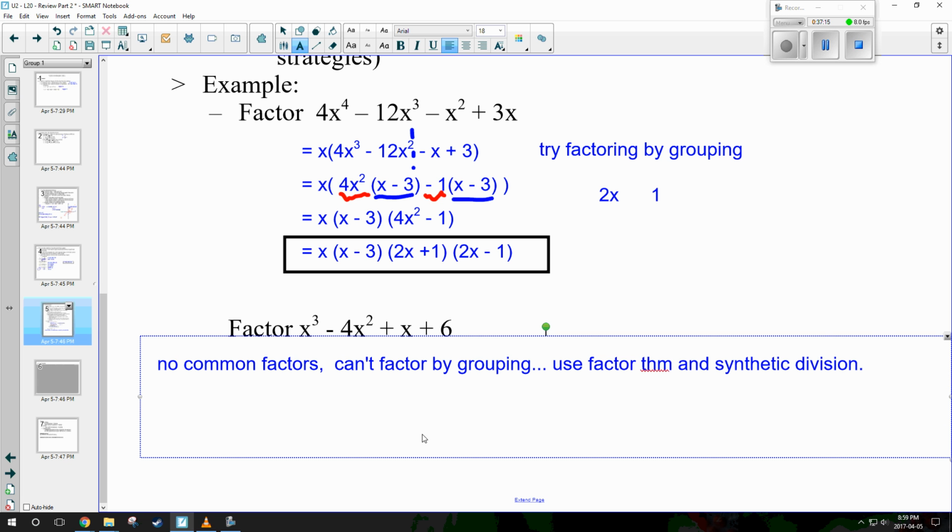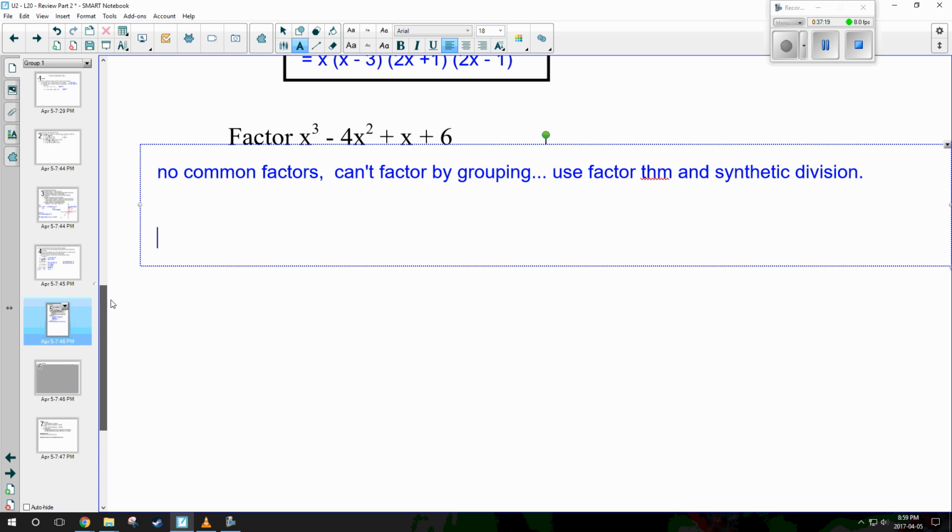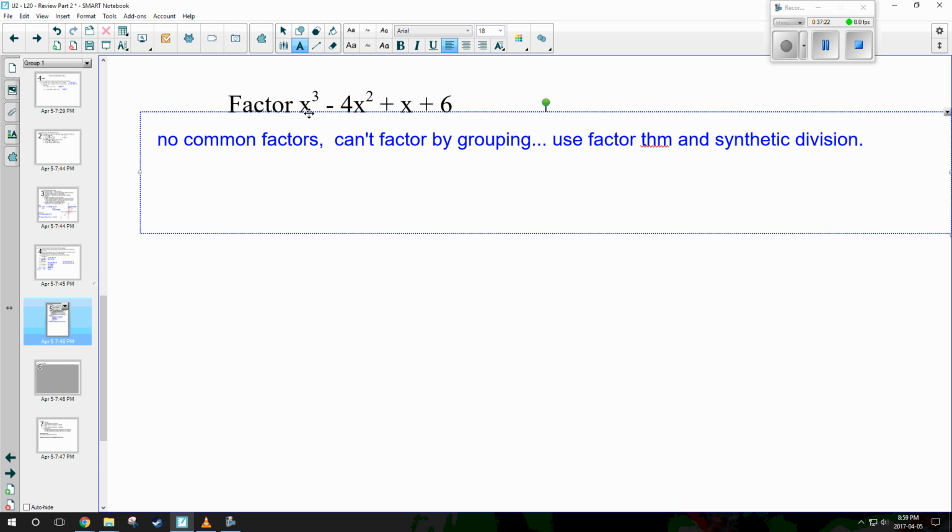In this case, remember, to get started, we always do our guess and check. So what can we plug in that will give us a remainder of 0? So we can try plugging in a value of 1 into our equation. So we would have 1 cubed minus 4 times 1 squared plus 1 and plus 6.